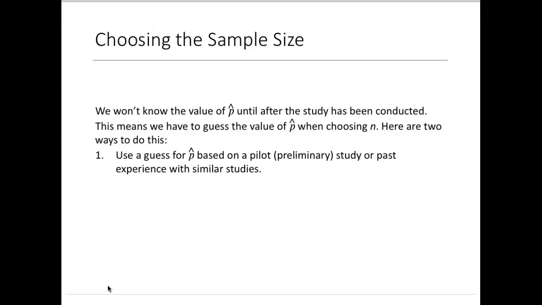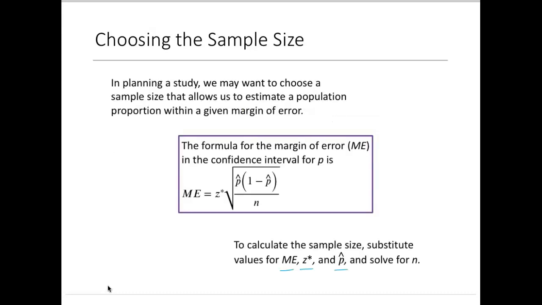If not, you want to be as conservative as possible when choosing a p hat. So you want to choose p hat so that it's going to give you the largest sample size possible when you solve for sample size. So let's see, I have a couple students in here that were in calculus. You guys remember optimization? It just means finding a maximum.